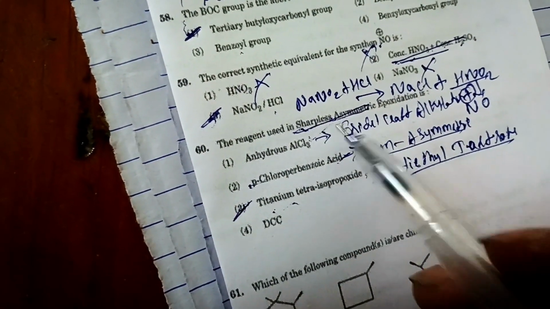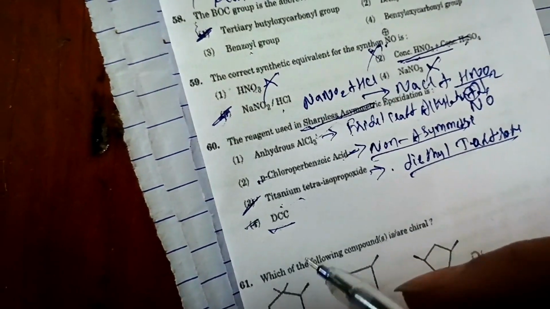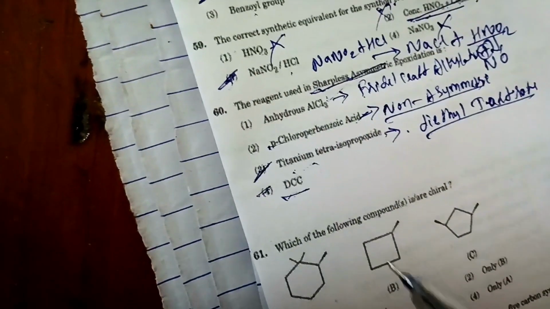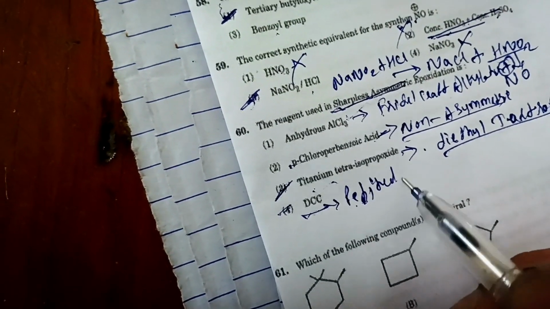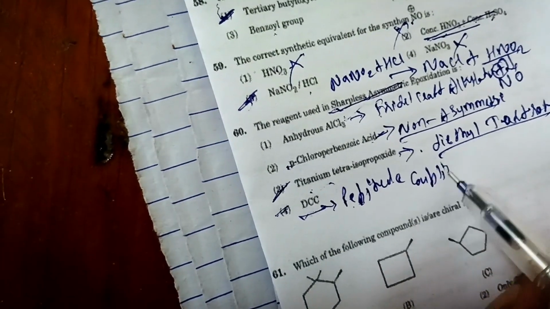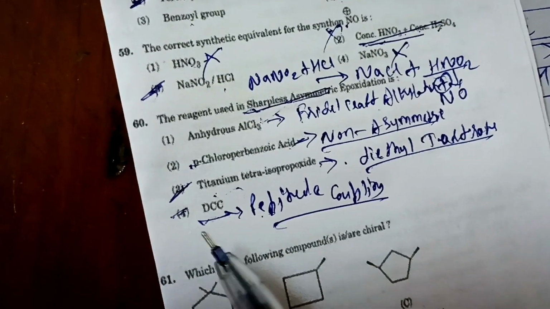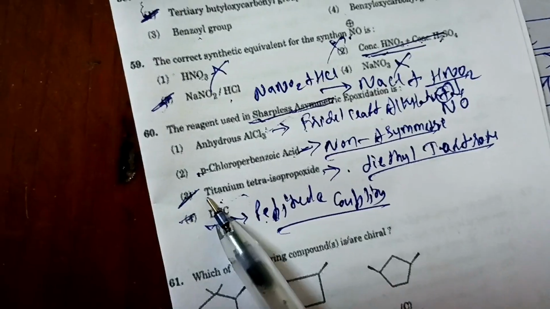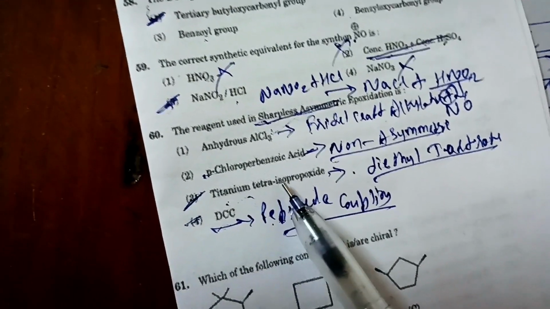This mixture is used for the Sharpless asymmetric epoxidation, but DCC is used for coupling reactions like peptide coupling, so DCC is not it. So the right answer will be titanium tetra isopropoxide.